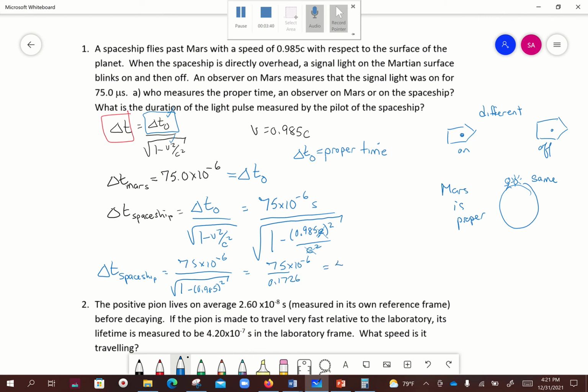And so I get 434.6 times 10 to the minus 6 seconds, or 435 microseconds. Okay, so we've got the one equation. The only trick to it is to figure out which one is the proper time and which one isn't the proper time, and then you know which to put in.